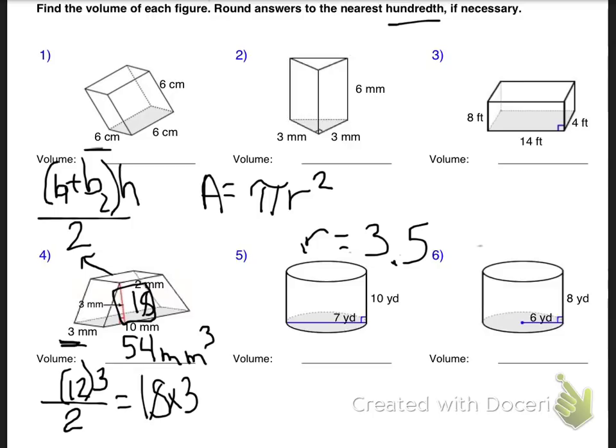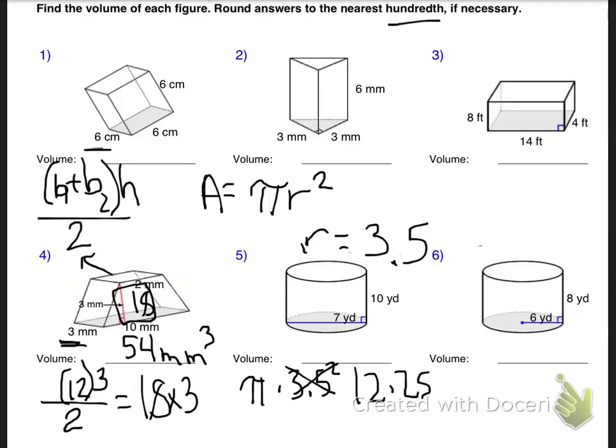I really appreciate them doing that. So we're going to take pi times 3.5 squared. Fortunately, we have calculators, so we can type into a calculator 3.5 squared, which is 12.25. So I'll cross it out and write 12.25 so you can see where I got it from.